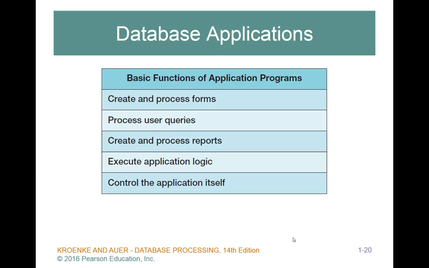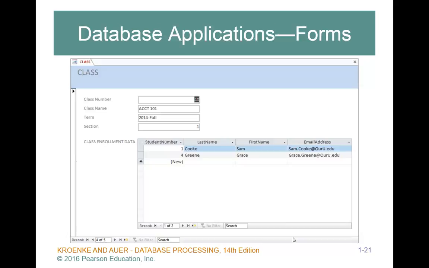Here's an example of a form that you'll see and actually that you'll create in Microsoft Access in Assignment 1. Notice it's a class form designed to collect information about specific classes.